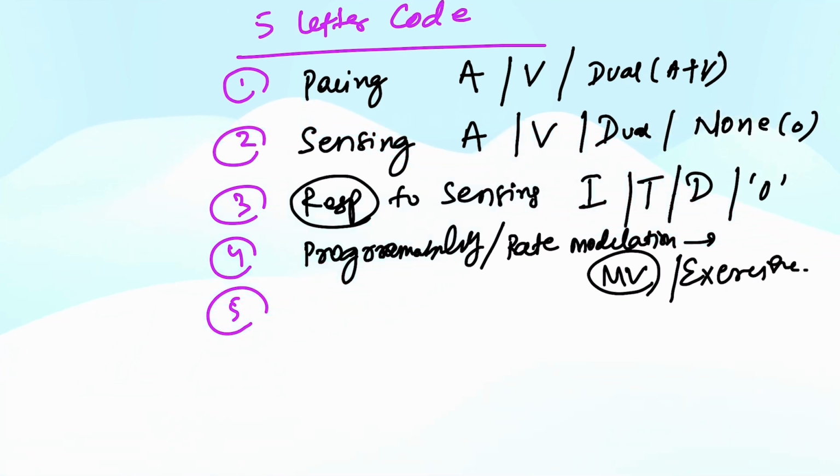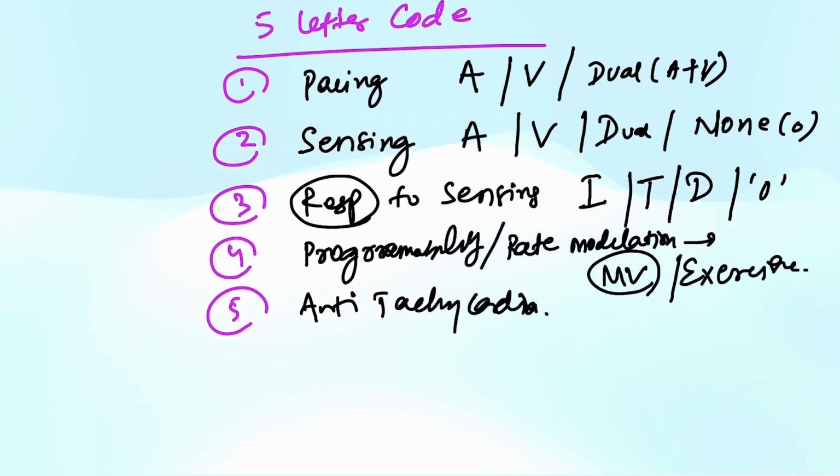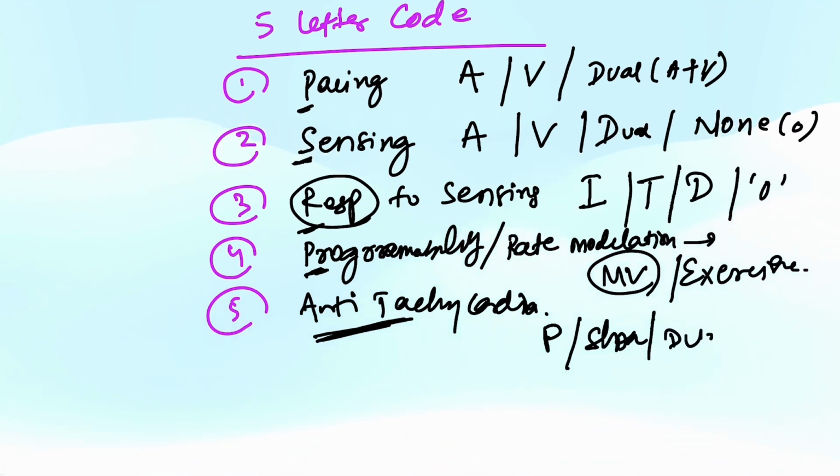And the fifth function is arrhythmia control, or anti-tachycardia function. So in the five-letter coding system, the first is pacing, then sensing, then response to sensing, then programmability or rate modulatory function, and the fifth one is the anti-tachycardia function. The anti-tachycardia function can be either pacing, or shock, or dual, pacing and shock.